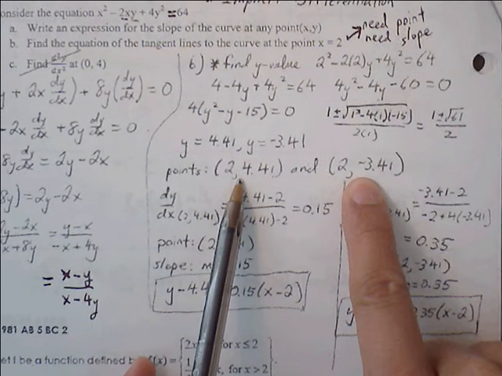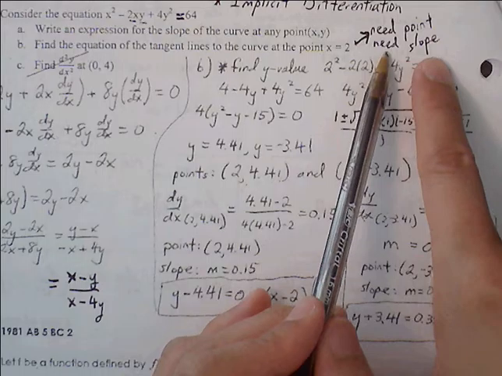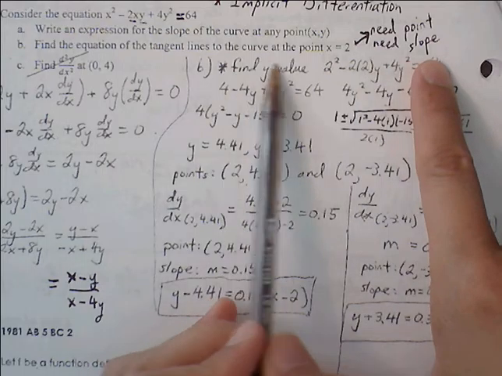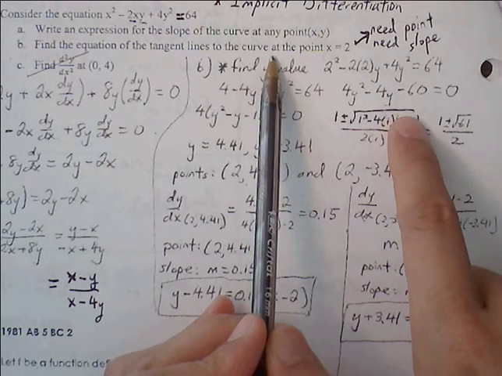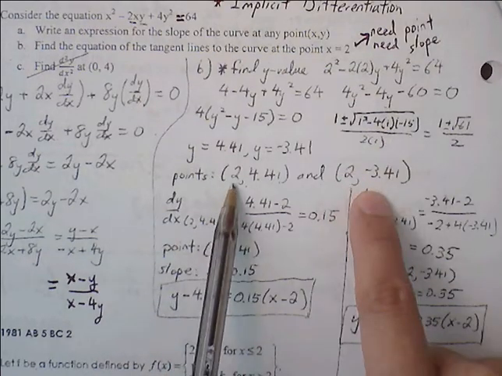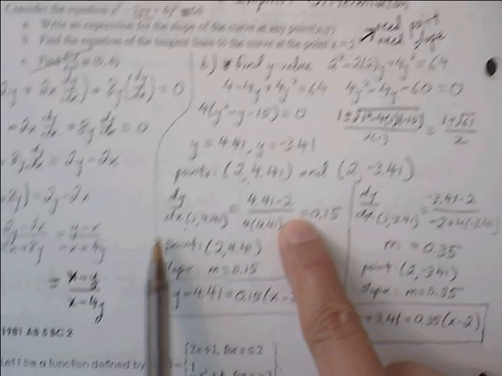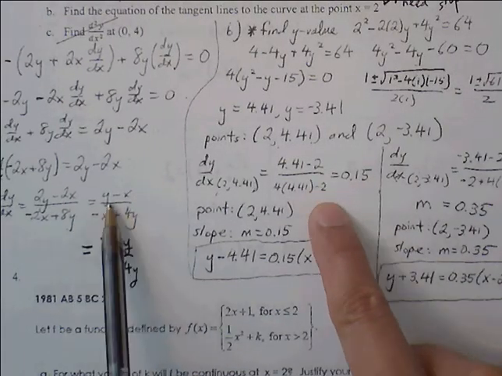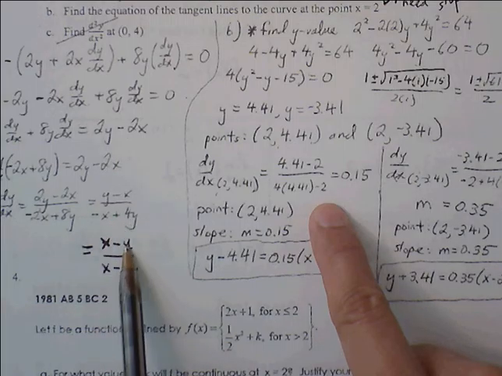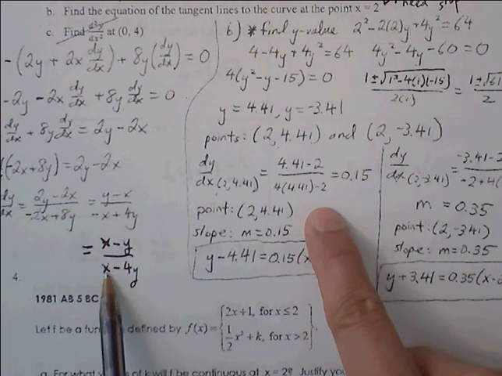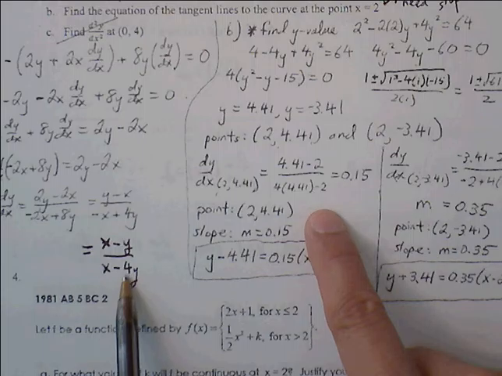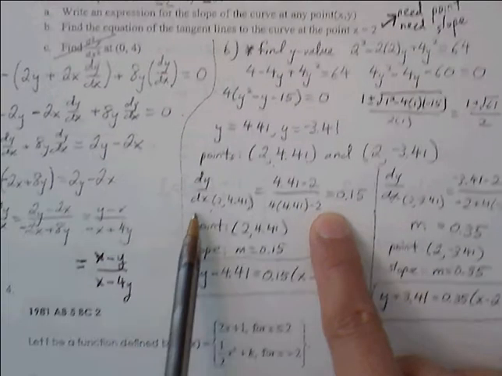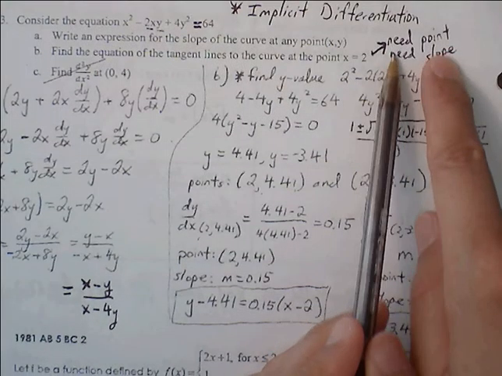Now, at these ordered pairs, we're going to find the slope. That tells us there are actually going to be two tangent line equations at x equals 2. Our derivative equation is either y minus x over negative x plus 4y, or x minus y over x minus 4y. Now we have ordered pairs, and the next step is the slope.